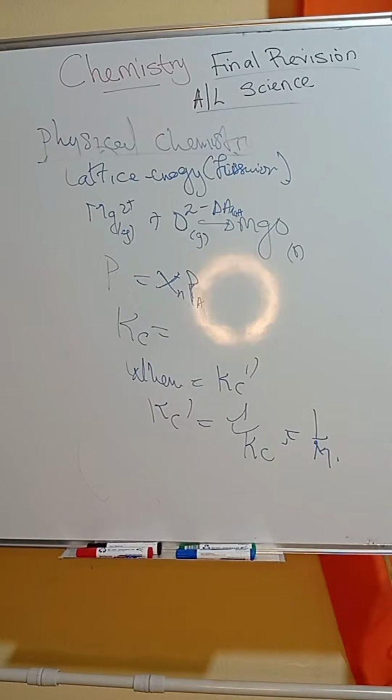Okay, the moles of the reactants and products are halved. So the question is, what happens to the equilibrium constant M when the moles of the reactants and products are halved?